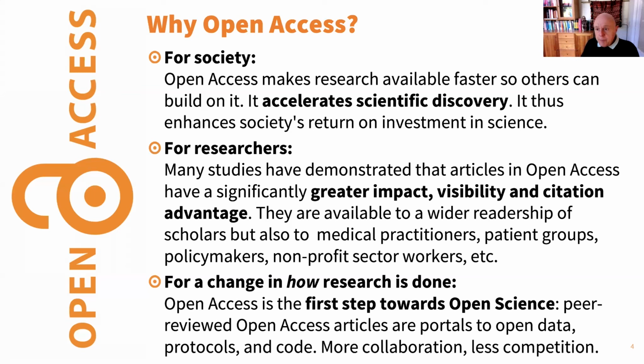So open science is a tendency towards making science more collaborative and less competitive by making all things open. We invite other people to collaborate with us as researchers. So these are the three advantages, I think, of open access: for society, for researchers, and for open science, a new type of science that is emerging.